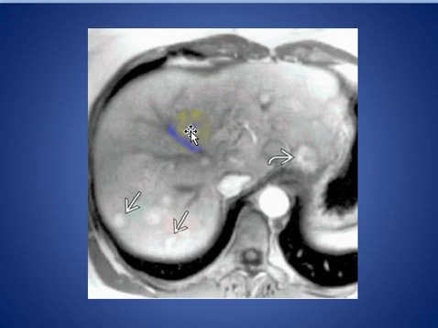Here is another patient with nodular regenerative hyperplasia. Axial T1 weighted image shows hypervascular masses in Budd-Chiari. Some of these lesions have a hypointense halo and central scar.